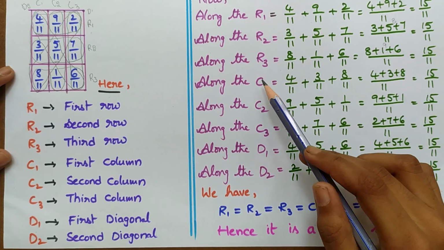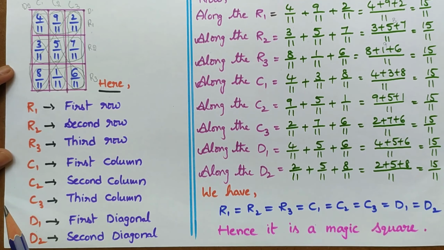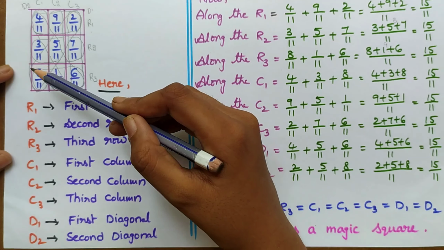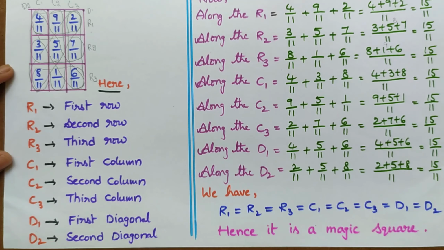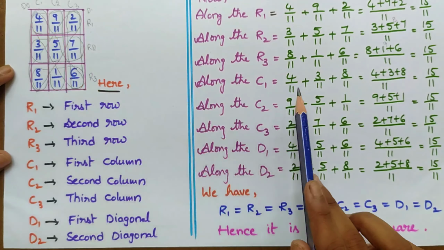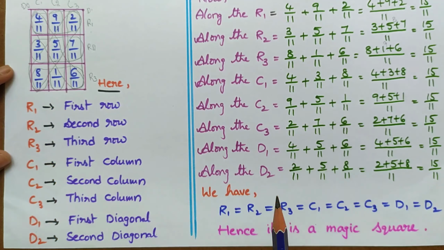Now let us come to columns. C1 indicates the first column and its elements are 4 by 11, 3 by 11 and 8 by 11. So let us find the sum of its elements: 4 by 11 plus 3 by 11 plus 8 by 11.